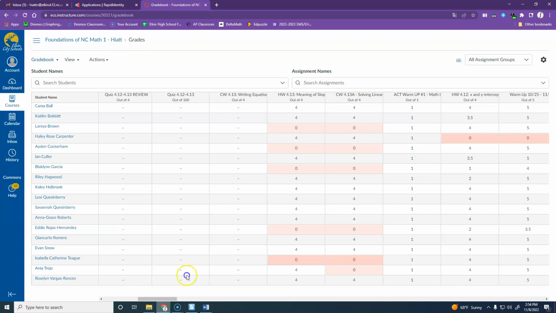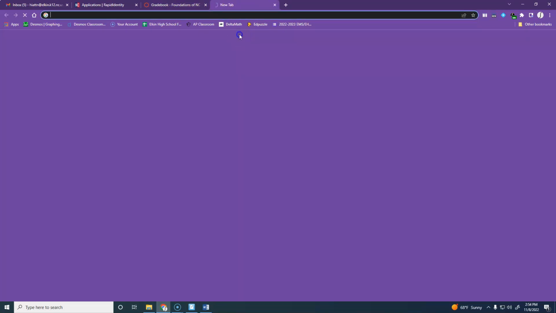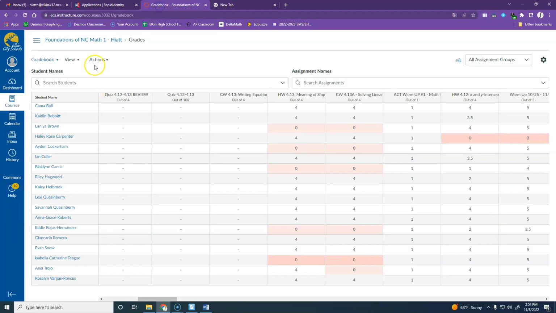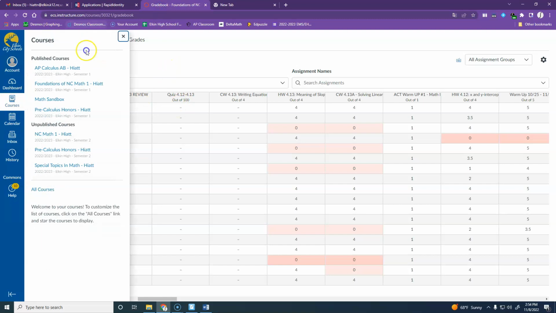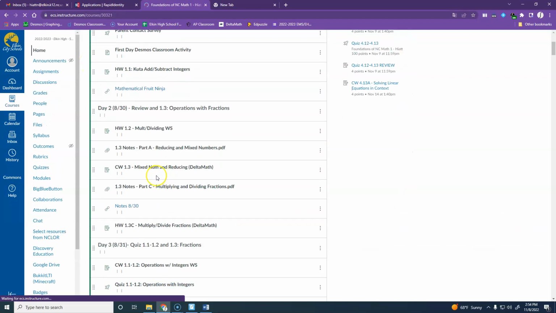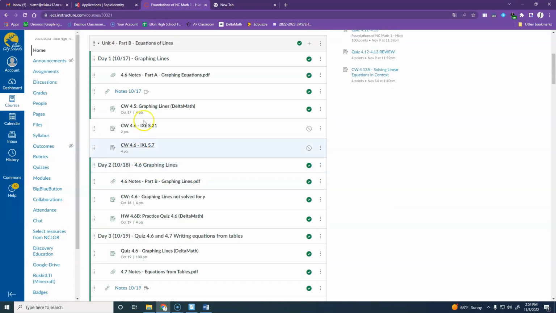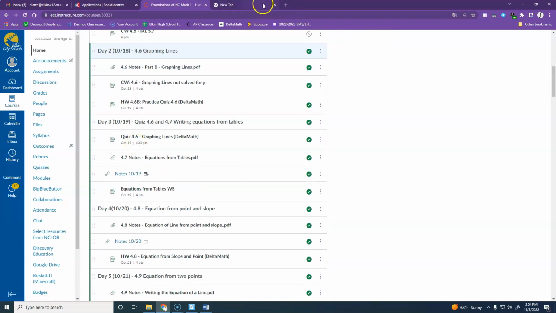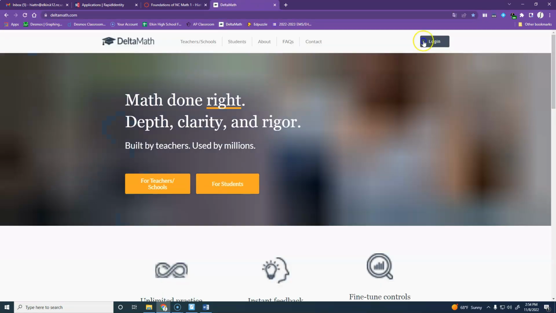Okay, we got about 15 minutes, so we are going to work on that Delta Math. There is a quiz review. However, I think we're going to do it at the beginning of class to review for our quiz tomorrow. So I'm not going to pass it out yet. I'm going to move it to tomorrow. So if you'll go to Delta Math, your assignment should be there.